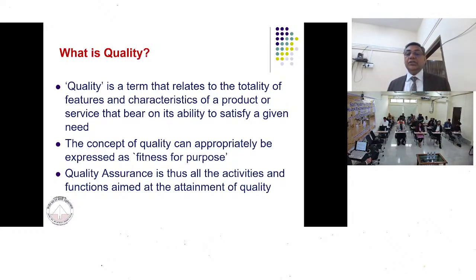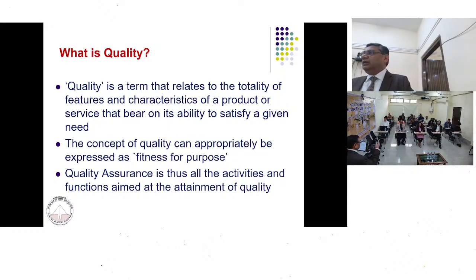Quality assurance is thus all activities and functions aimed at attainment of the quality. You create a certain thing, X creates, Y sees that the quality is good, Z sees whether the person who is doing the quality control is actually doing it or not.